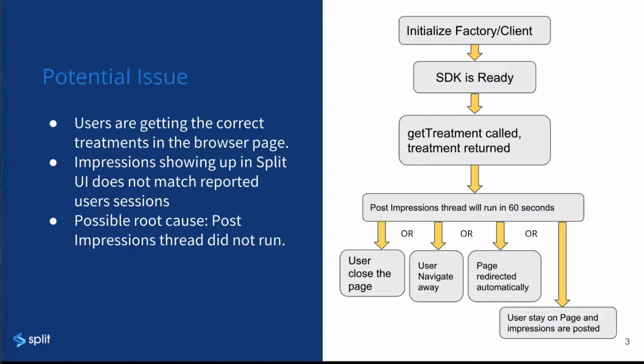So of course, only the fourth option, impressions are sent, but the first three options, the impressions will not be sent. And this is a common issue, especially if the users hitting the page usually don't stay long inside the page. They actually hit the page, see something, and then they move on quickly.